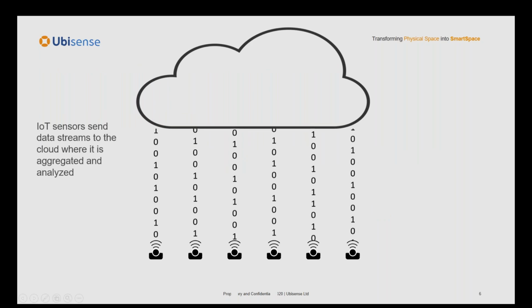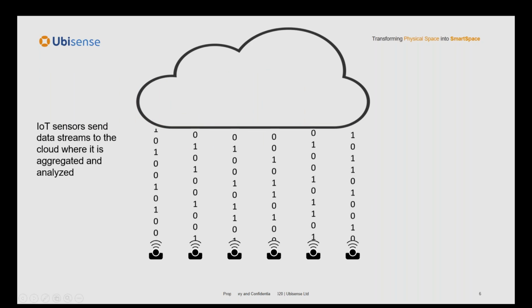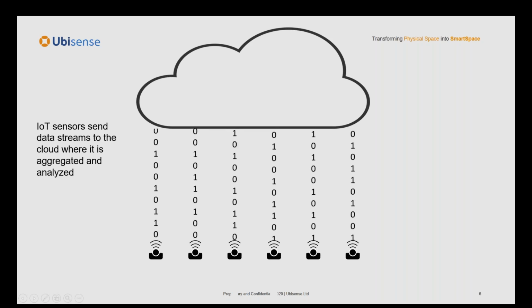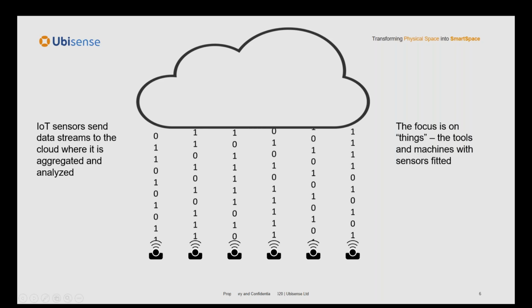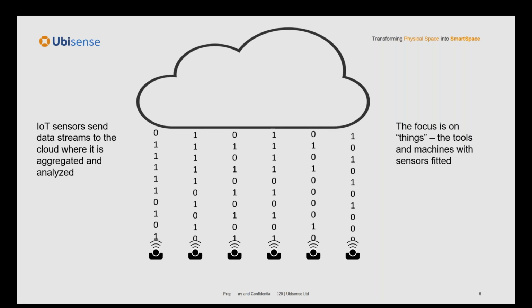This is an IoT view of the world. You can see IoT sensors or devices at the bottom that send data streams to the cloud, where it is aggregated and analyzed. And here the focus is on the things, the tools, the machines, where there are those sensors fitted.